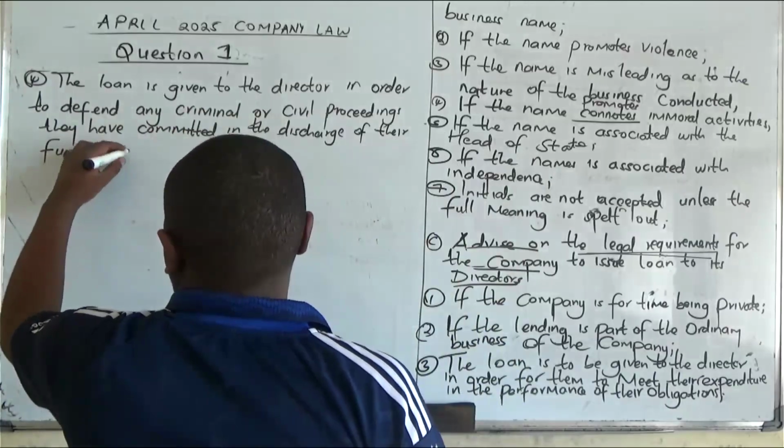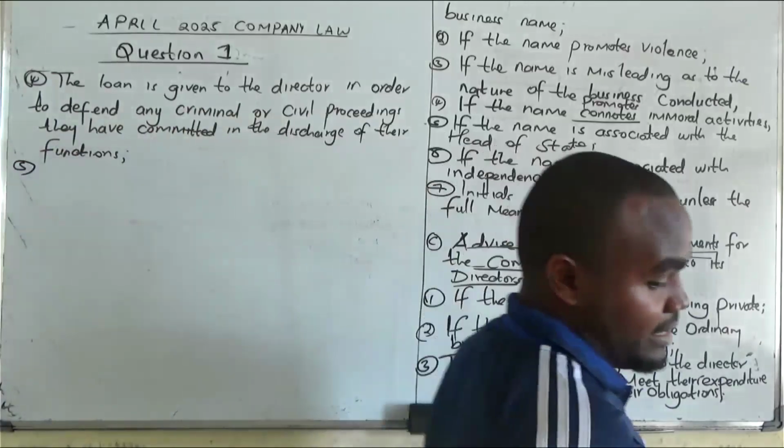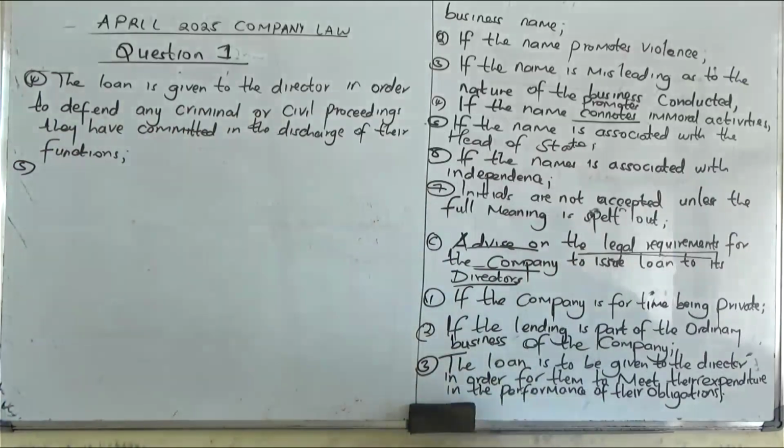Lastly, you can also advise the board of directors that there must be authorization under the Articles of Association.